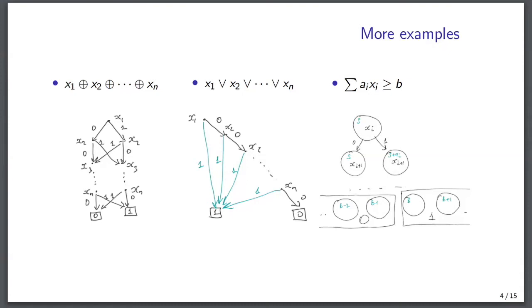For example, if the partial sum is s and we split by variable xi, then for the value 0 the partial sum is also s, and for the value 1 the partial sum is increased by ai. On the bottom level, all partial sums that are less than b we unify into the 0 sink, and those that are at least b we unify into the 1 sink.